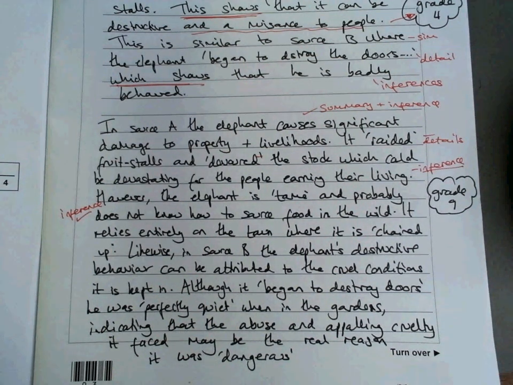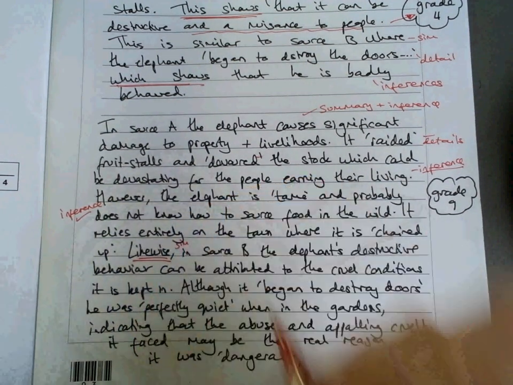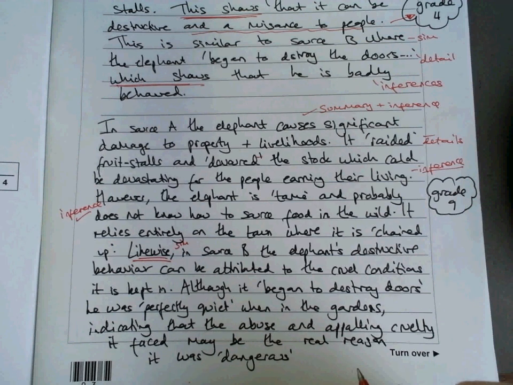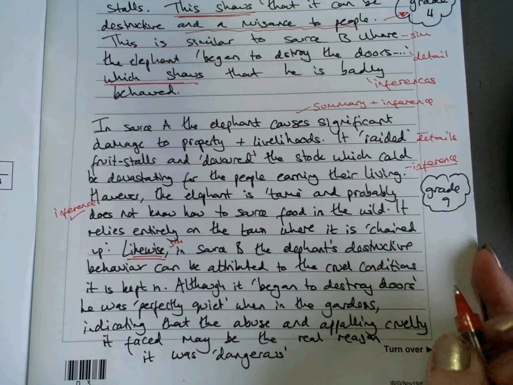I'm not just saying it destroys stuff, therefore it's destructive. I'm really putting my own spin on it. It relies entirely on the town where it is chained up. Likewise, so I've got my similarity here. In Source B, the elephant's destructive behaviour can be attributed to the cruel conditions it is kept in.